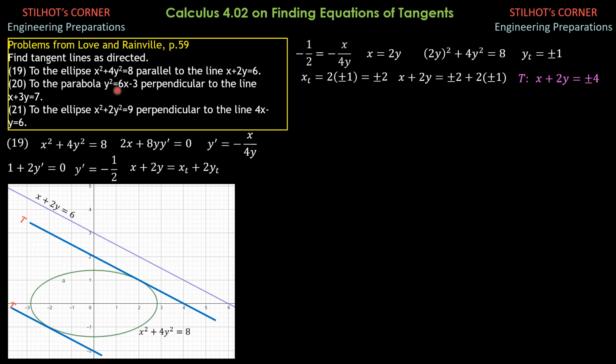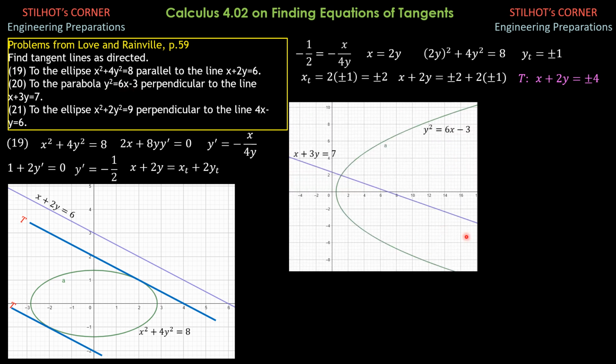Then for this parabola, this is a parabola open to the right. Factor out 6, so 6 times x minus 1 half. The vertex is at 1 half comma 0 for this parabola as shown here.